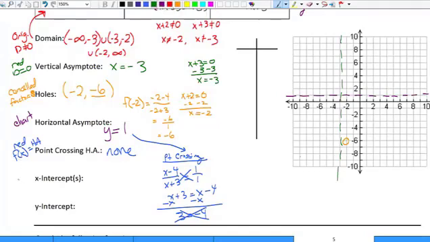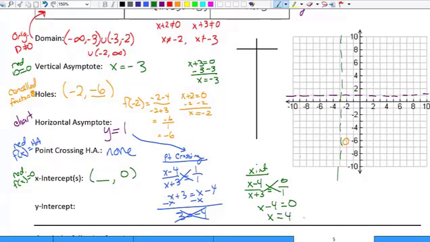To get my x-intercept, I'm going to take the reduced f of x and set it equal to 0. So let's do the work over here. My reduced function is x minus 4 over x plus 3. I'm going to set it equal to 0, and then I can cross multiply. I get x minus 4 equals 0.